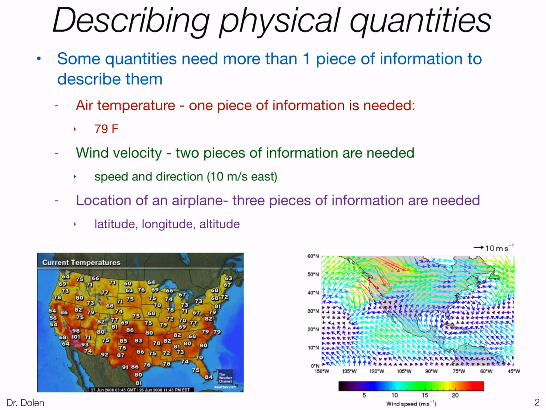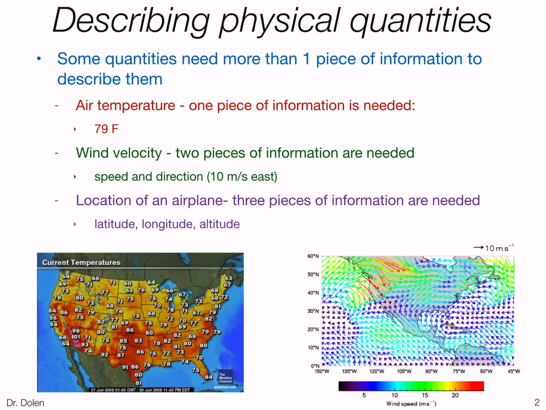That corresponds to wind speeds of about 20 meters per second, where maybe over by Chicago, you see the blue arrows. That denotes a wind speed of about 5 meters per second. And the direction of the arrow tells you the direction that the wind is moving.